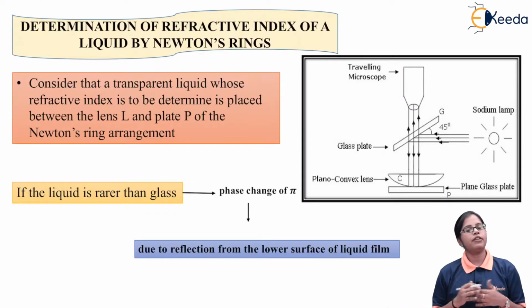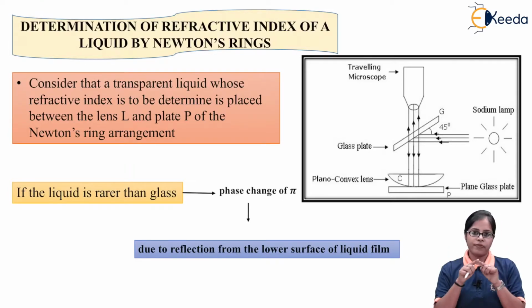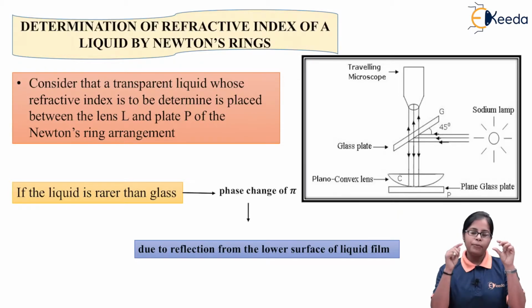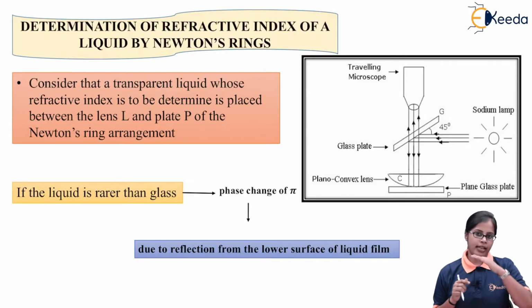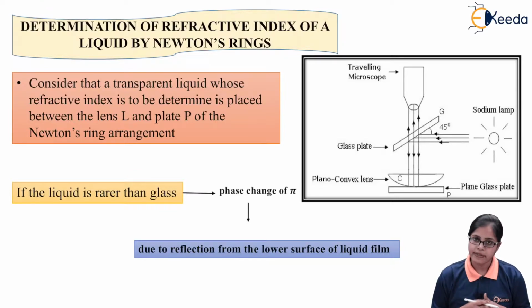Now, in the Newton rings arrangement, we have a plano-convex lens in contact with the plain glass plate, and the gap between the plano-convex lens and the plain glass plate will be filled with a liquid, which has a certain refractive index.